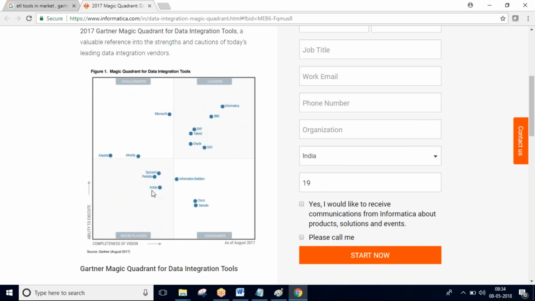Talend is not even considered in the Gartner chart, but they are more used in the unstructured space. Talend is here, still a long way to go. And Pentaho is just a niche player here. So for the next 3 to 5 years, analysis and everything will continue to take place, so you'll have a market for Informatica as well.